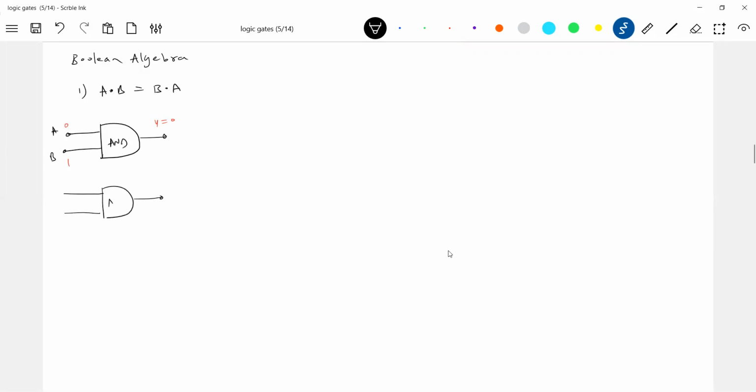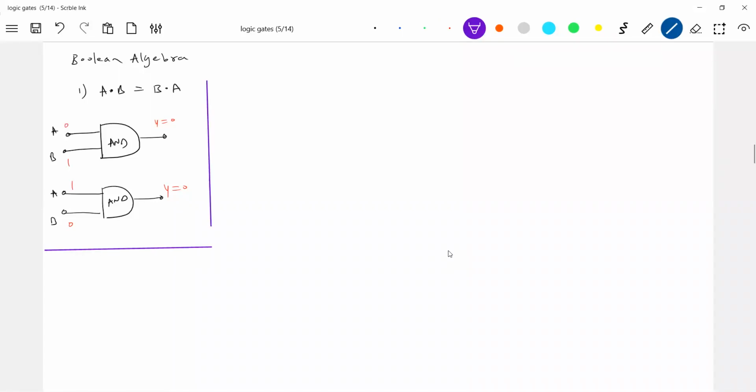AND gate. If A is 1, B is 0, tell me what is the output? It will be 0 only. So therefore both are the same. A dot B is equal to B dot A. I constructed a gate like this. So this is the first thing. I think I'll bring the bars afterwards.